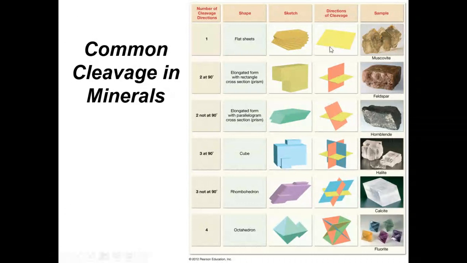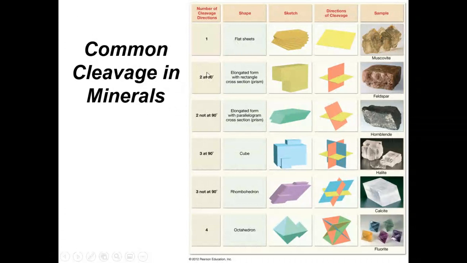It looks very sheet-like. Then you can get two cleavage planes, and this is where we start to differentiate, because minerals that have two cleavage planes and three cleavage planes get further subdivided by the angle at which the cleavage occurs.